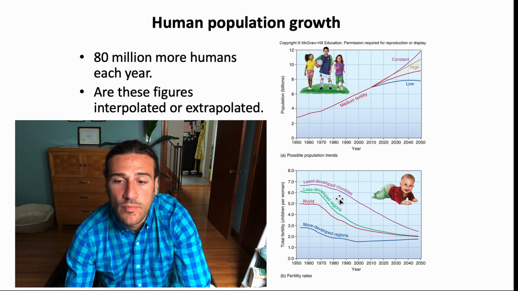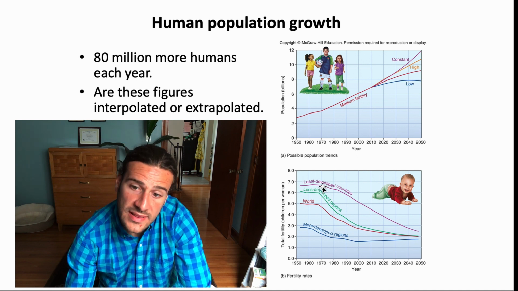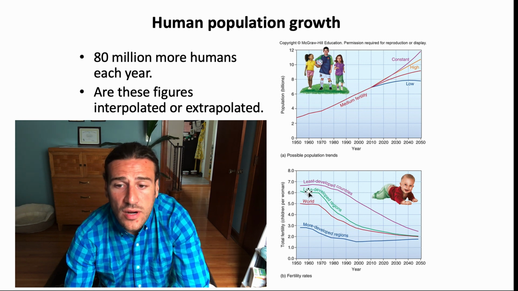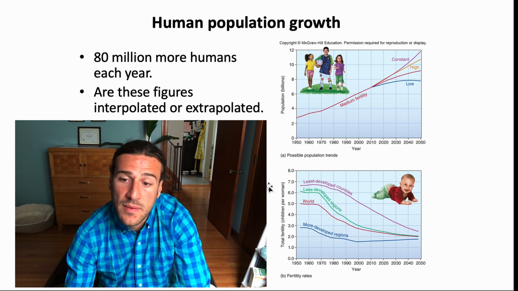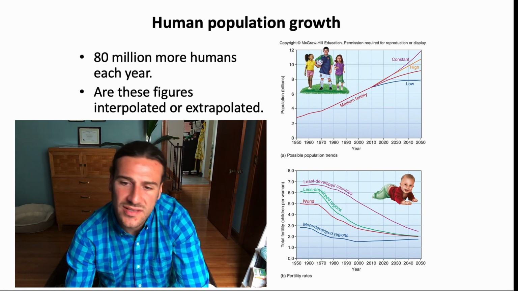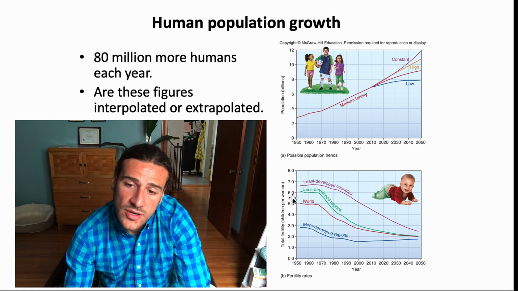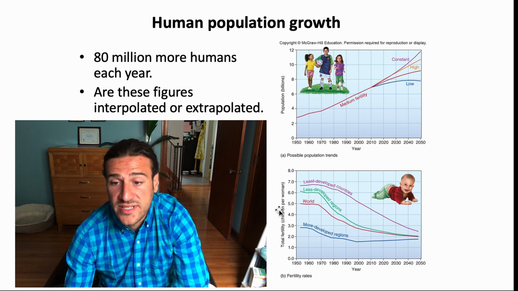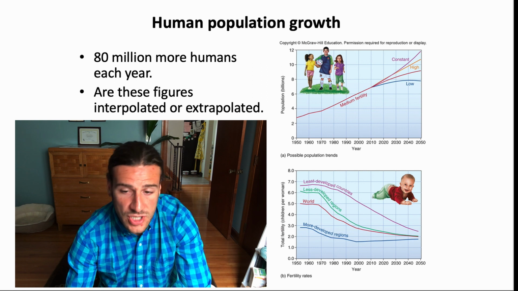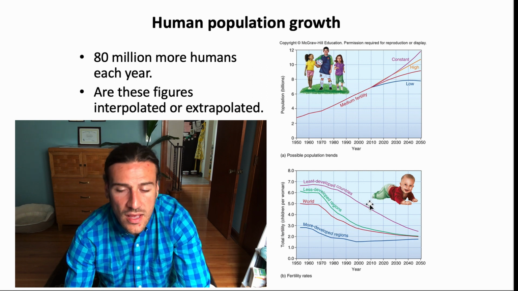Socioeconomically, people in least developed countries are going to work in more rural areas. They're going to be farming. They need manpower to actually work fields. Additionally, in least developed countries, infant mortality is really high. Child mortality is high.